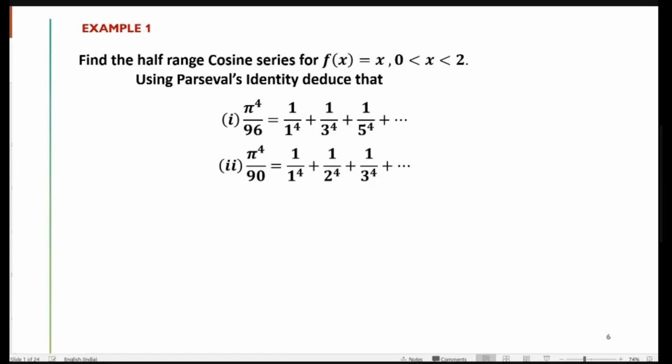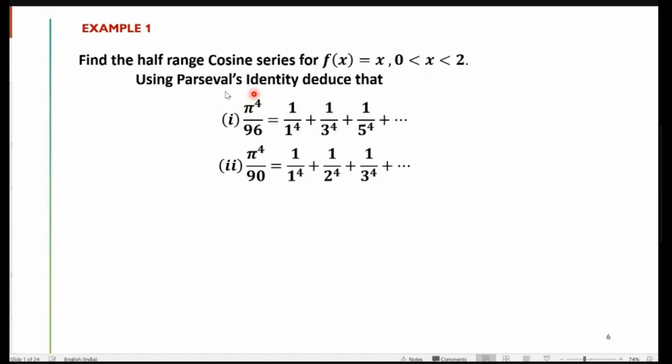और अगर ये नहीं दिया है, Parseval's identity प्रॉब्लम में नहीं दिया है, still we have to prove some deduction. तो आइडेंटिफाई कैसे करना है कि अगर तुम्हारे an में 1/n square है, सपोज when we calculate for cosine series, if we calculate an, suppose an is 1 by n square something, and you are asked to calculate n raised to 4 like, then we have to make use of Parseval's identity.